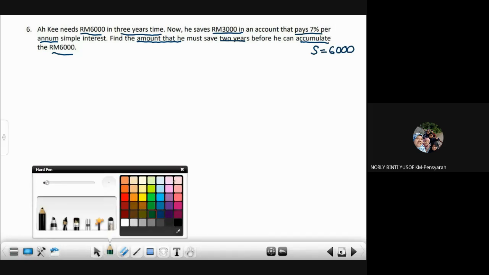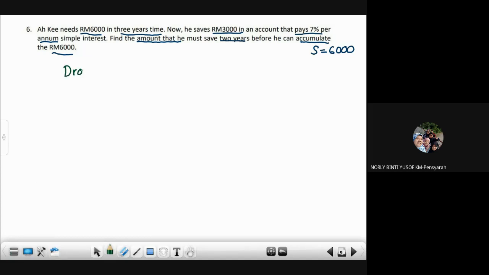Sama, kita draw timeline to understand the word of your simple interest punya concept. Okay, draw timeline. So, yang pertama, kita ada kosong, lepas tu 2 tahun. And then, after 2 years, he saves.